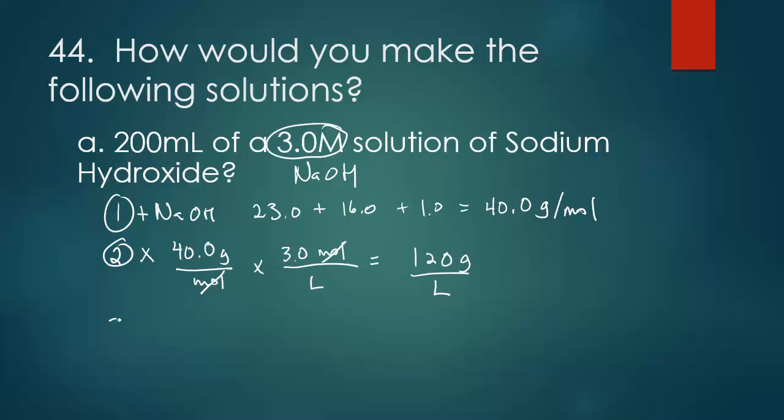Step number 3 is multiply. Multiply by what? Multiply by the liter version of this, which means you just have to move the decimal place. So 120 grams per liter times 0.200 liters. Notice that the liters cross out, giving you an answer in grams.